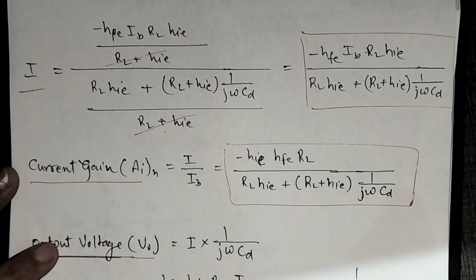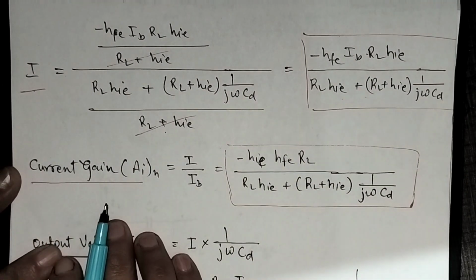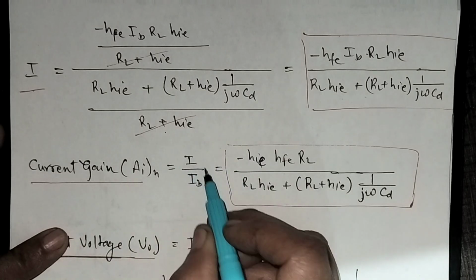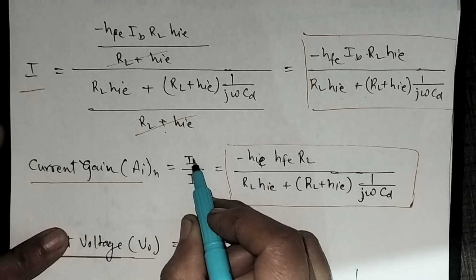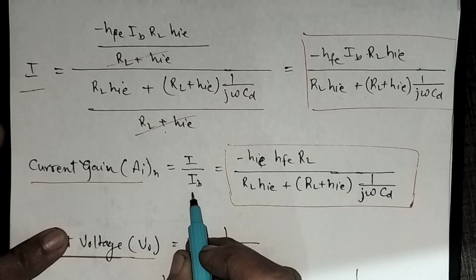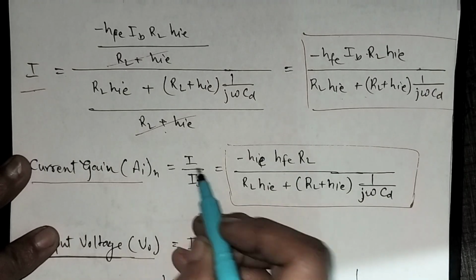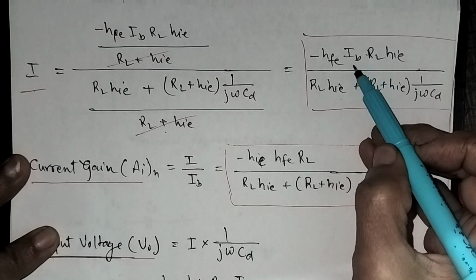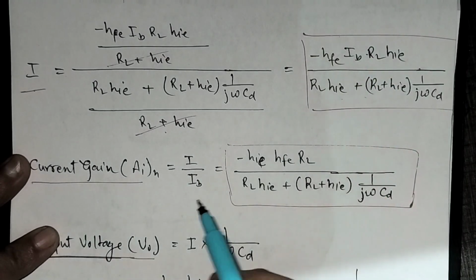Now we will find the current gain of this circuit, meaning the RC coupled amplifier. This current gain equals output current upon input current. Here I is the output current and IB is the input current. We can see the value of I is this one. Here we can see IB, so it will be cancelled out by this IB.